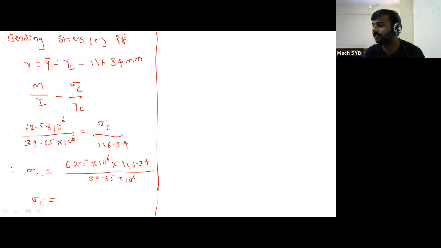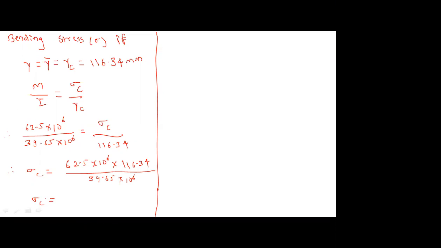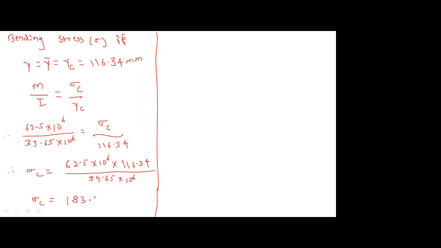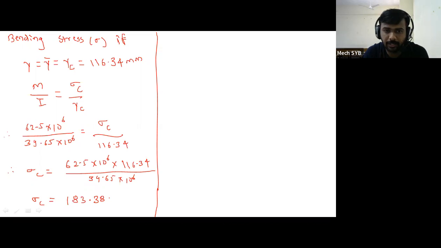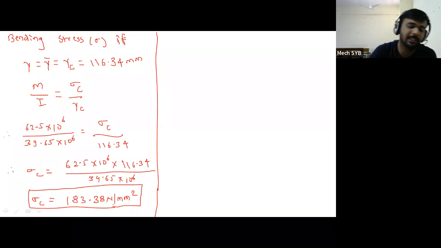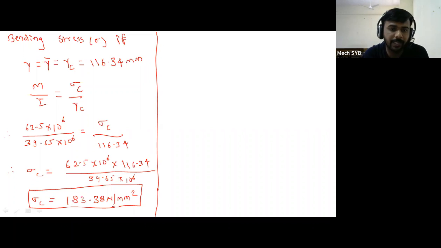So what will be the sigma c? 183.39, or 183.38 or 183.39 Newton per mm square. Please check, do the calculations and verify the answer whether sigma c is equal to 183.38 Newton per mm square or not.